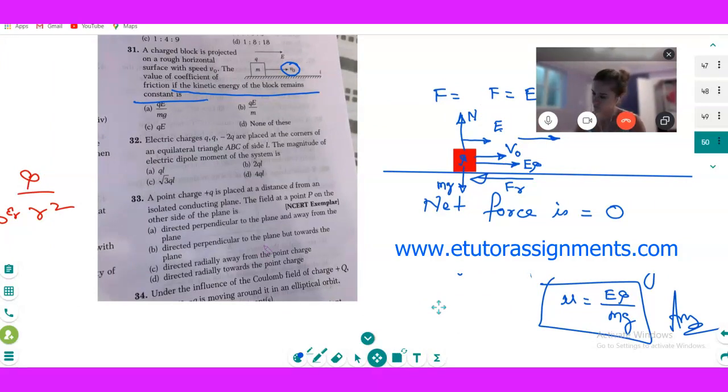EQ also. Okay. Correct na? Yes. Okay, next question.